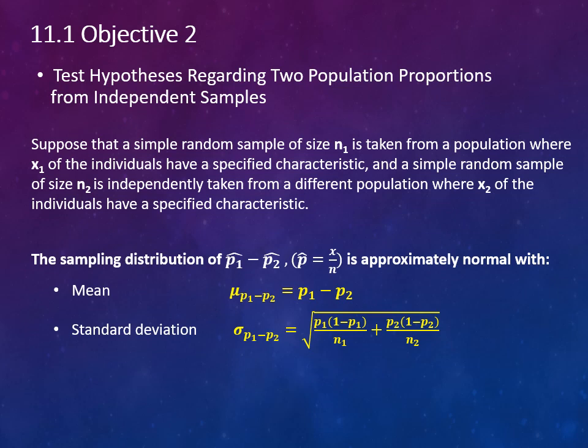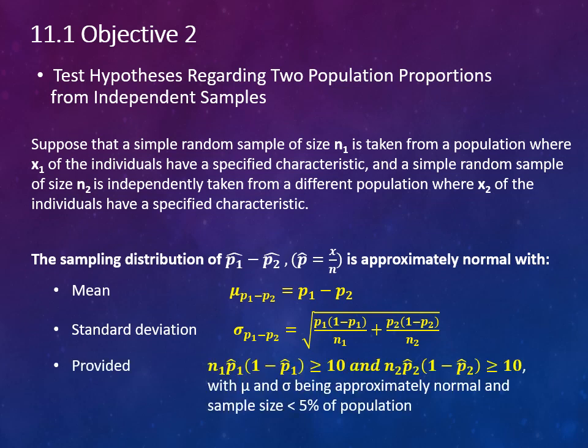And the standard deviation, sigma of p hat 1 minus p hat 2, is equal to the square root of p1 times the quantity 1 minus p1 over n1 plus p2 times the quantity 1 minus p2 over n2, and of course all of that is under the square root symbol.